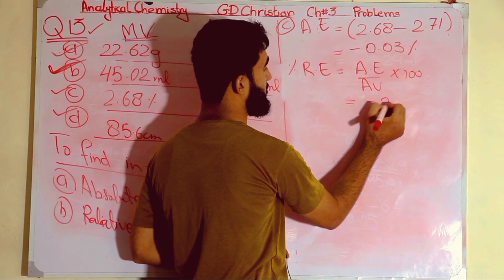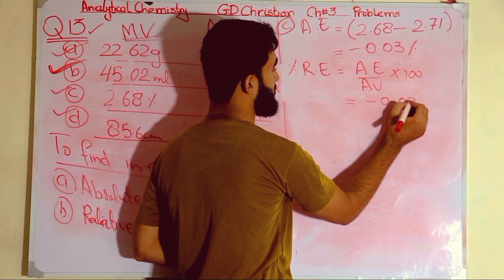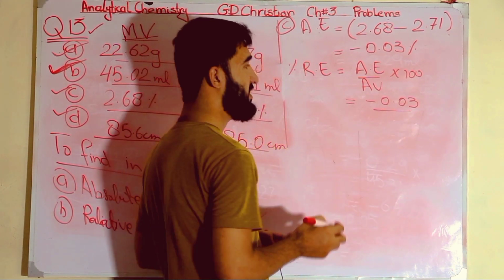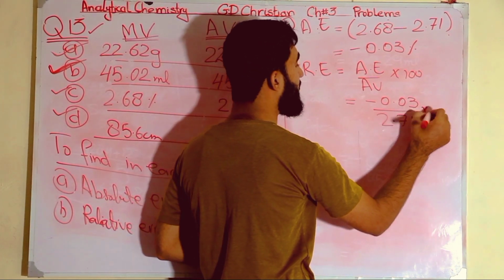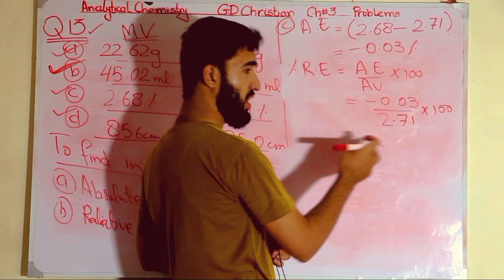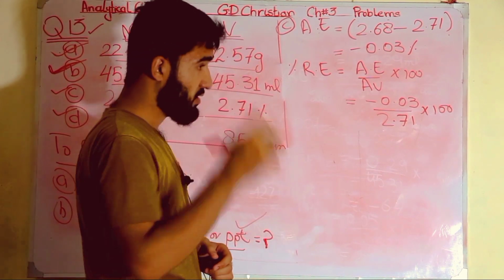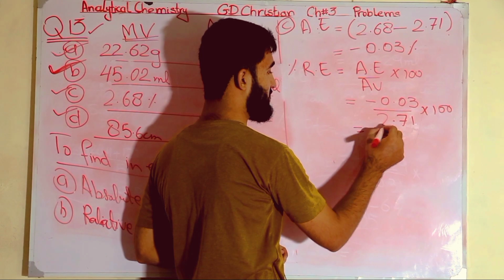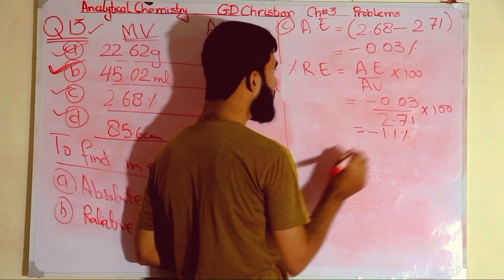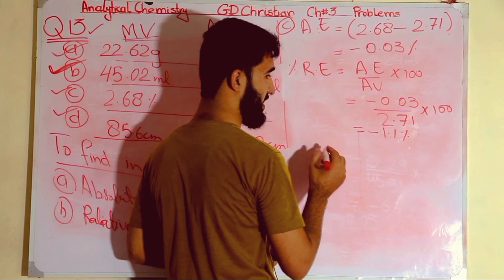Absolute error is equal to minus 0.03 over accepted value, which is 2.71, multiplied by 100. By multiplying and dividing, we obtain the answer, which is equal to minus 1.1% percentage relative error.